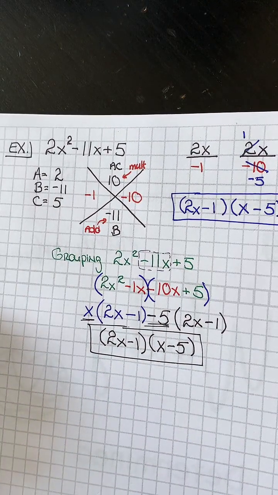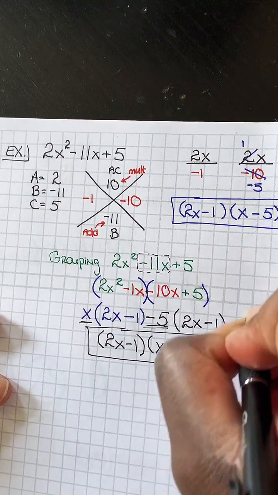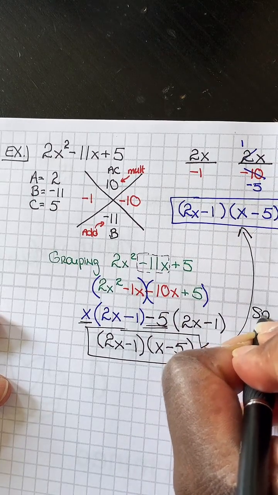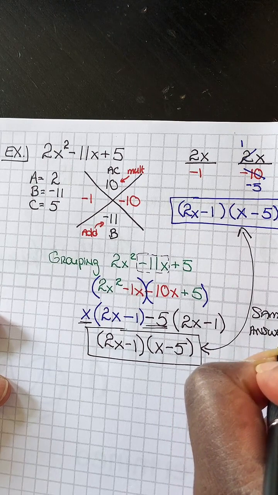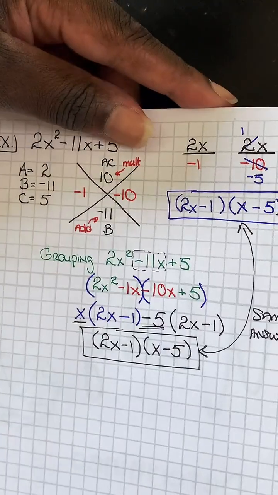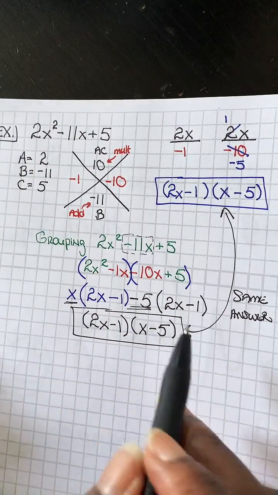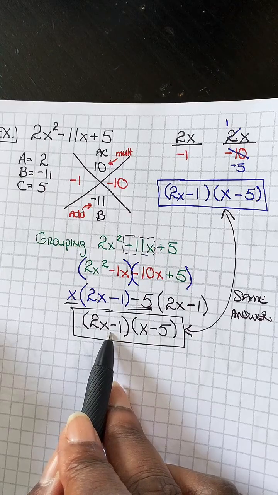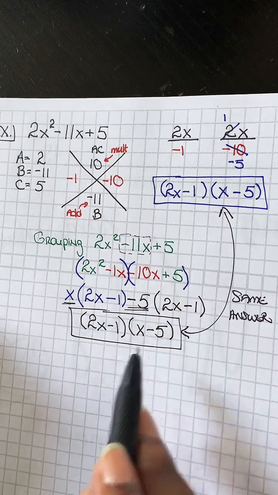You notice that this and this give me the same answer. Since that 2x minus 1 repeats, that's technically your GCF for this line. So you give it its own parenthesis, and what remains outside, you put inside its own parenthesis.